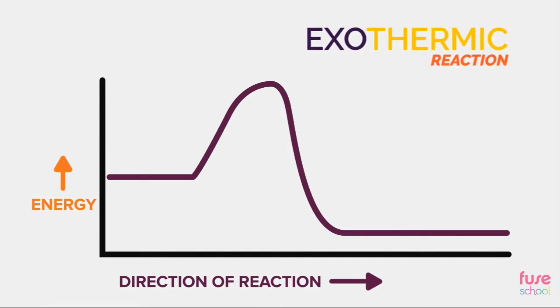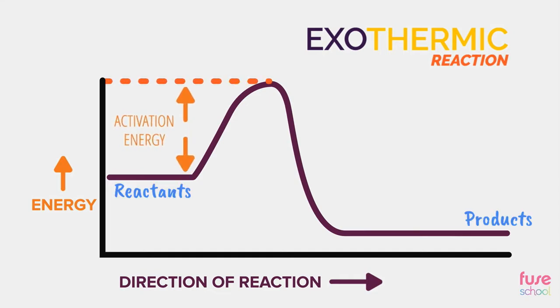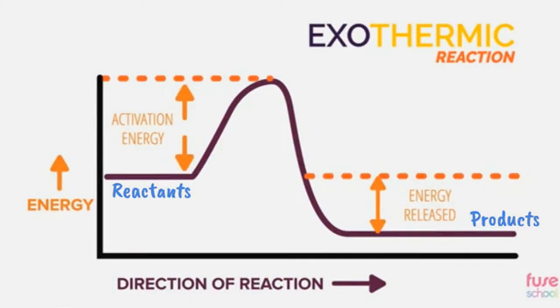Because in exothermic reactions, energy is given out to the surroundings, this means that the energy of the reactants is higher than the energy of the products. Hence the energy curve for exothermic reactions will look like this. So this is what an exothermic reaction path diagram looks like, but I'm just going to take a moment to elaborate a bit more.